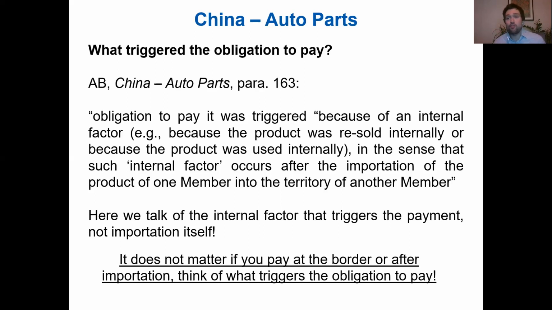While payment for importation and in connection with importation, and those payments are not only customs duty, the same anti-dumping duty is a payment for the importation. It remains a border measure. It will not be subject to Article 3 disciplines.